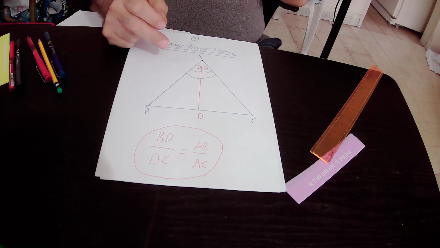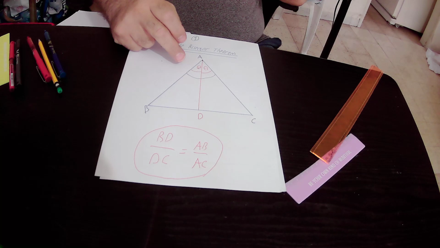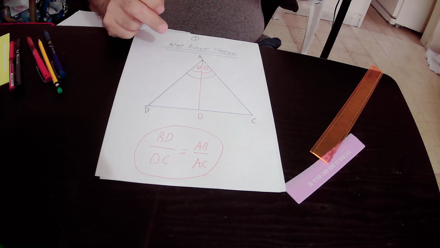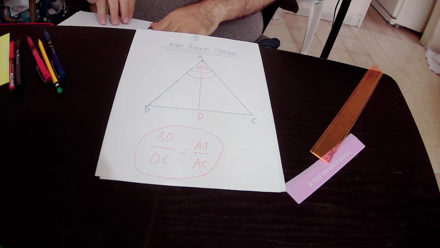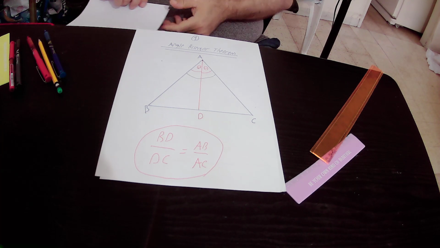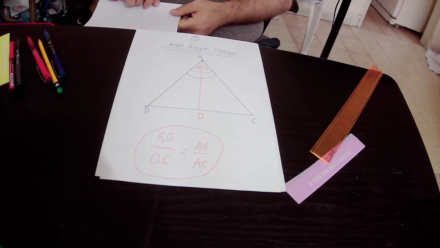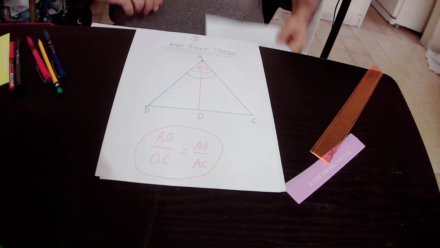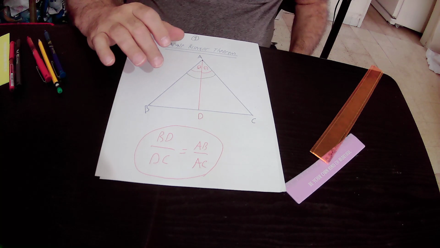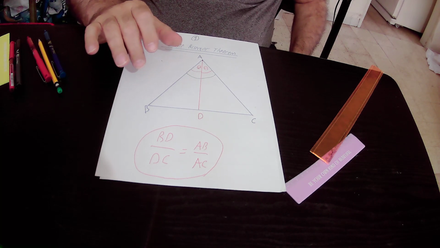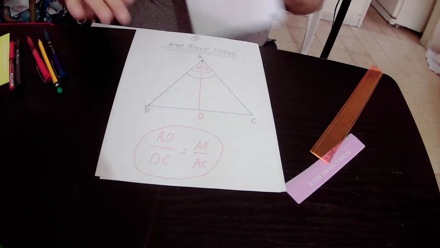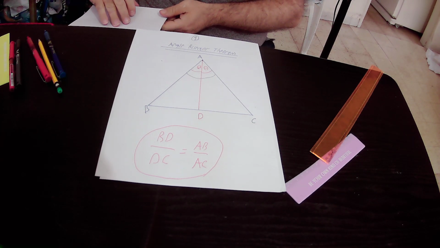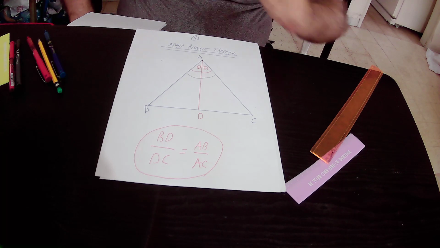And according to the angle bisector theorem, the angle bisector AD divides side BC in a ratio of BD over DC, and that ratio equals the ratio between the angle legs.